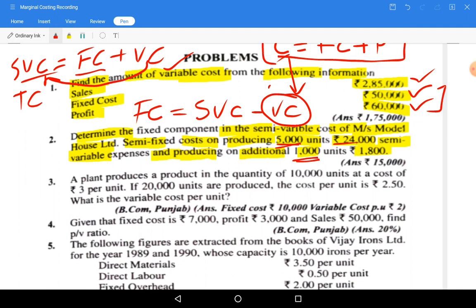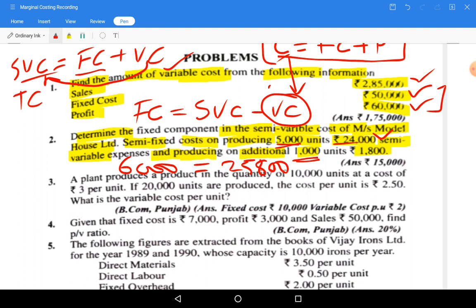So for the additional 1000, that is 6000 units, how much will the total cost be? 24,000 plus 1800, 25,800. This is your total semi variable cost.